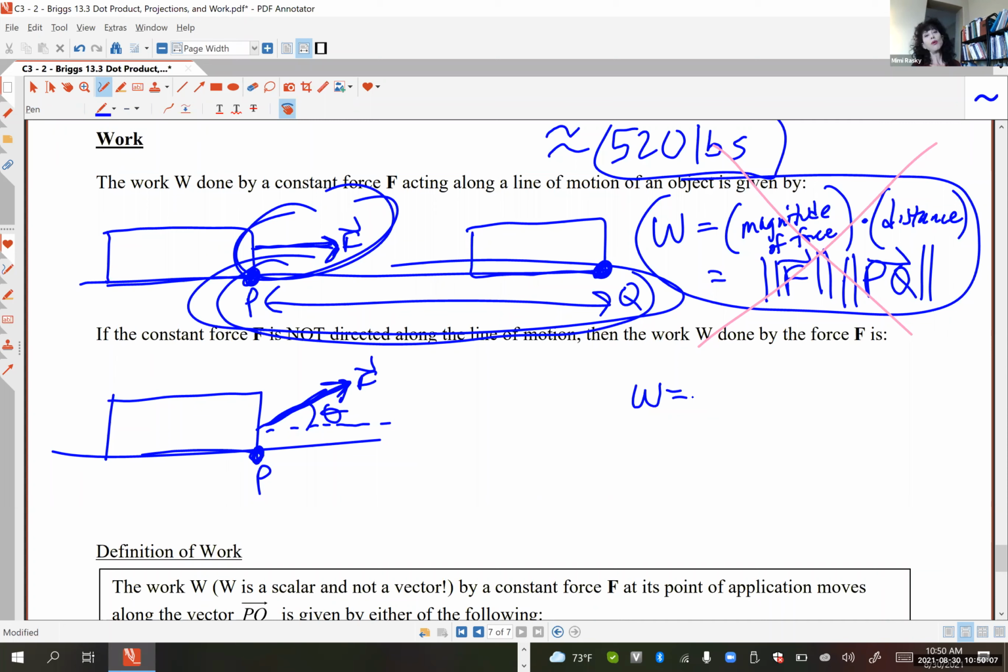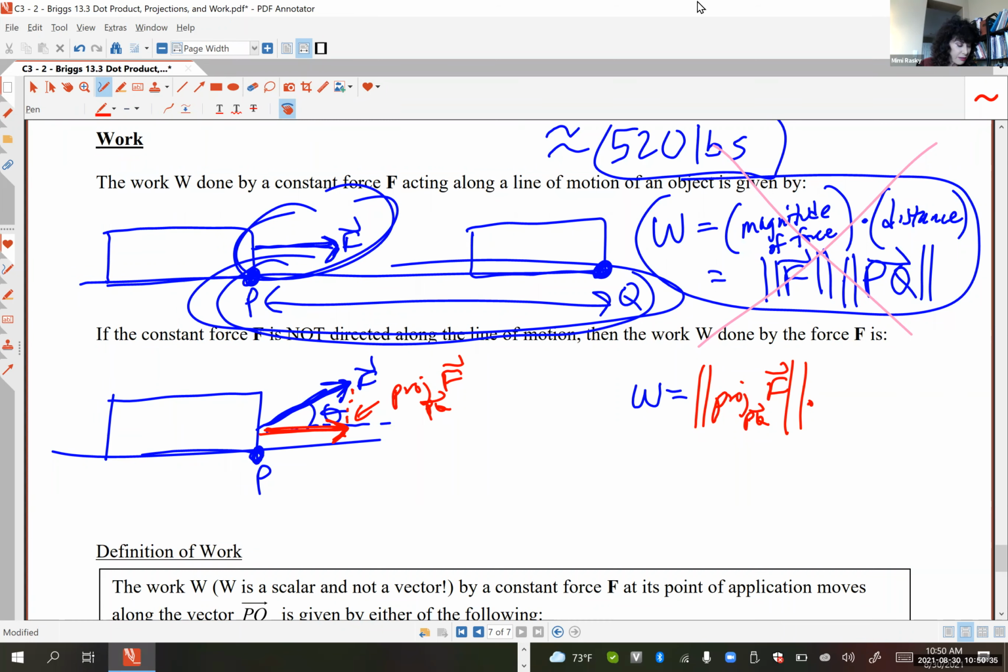Well, it's the component of force that is in the same line as the motion. So it's going to be a projection. When we project the force onto the horizontal, this red vector is the projection of F onto PQ. The work is going to be the magnitude of that projected vector times the distance moved.